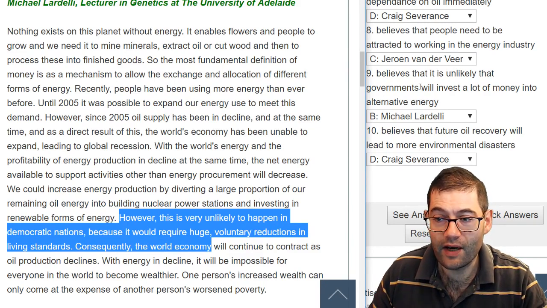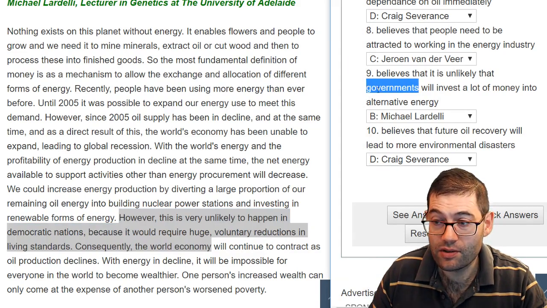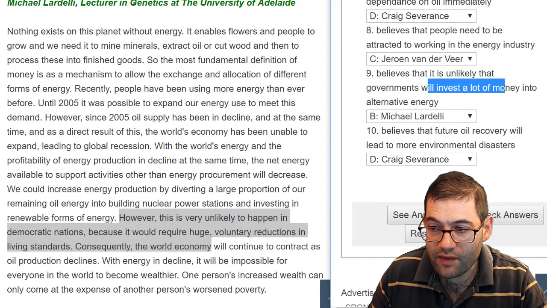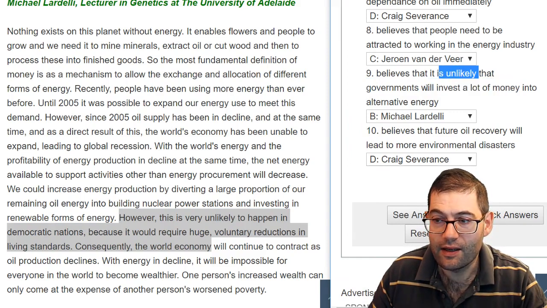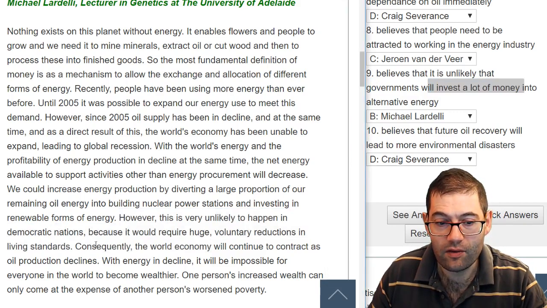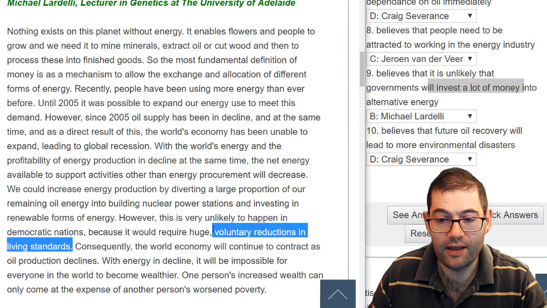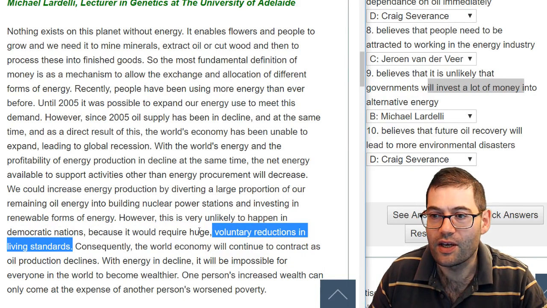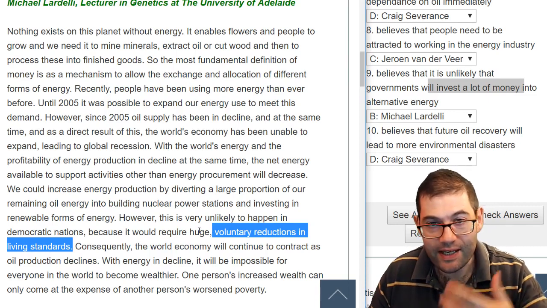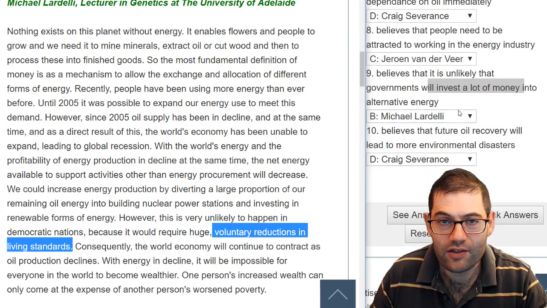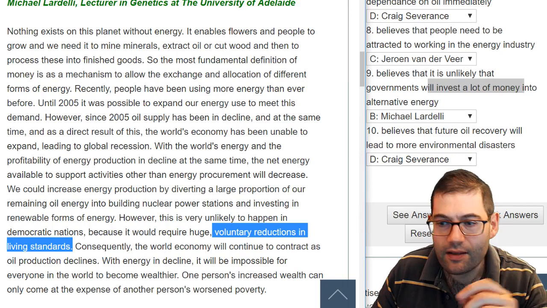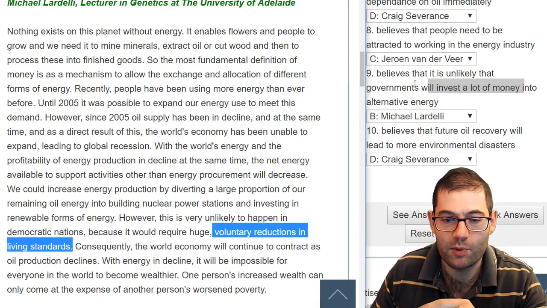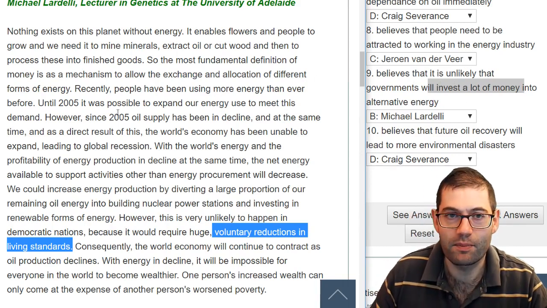And that's why governments, in other words, democratic nations, are unlikely to invest a lot of money, because it will reduce living standards. And of course, one thing that the governments don't want to do is generally reduce living standards, because then they'll start losing elections. But that point aside, we've got clear vocabulary links between the question and the text in B.